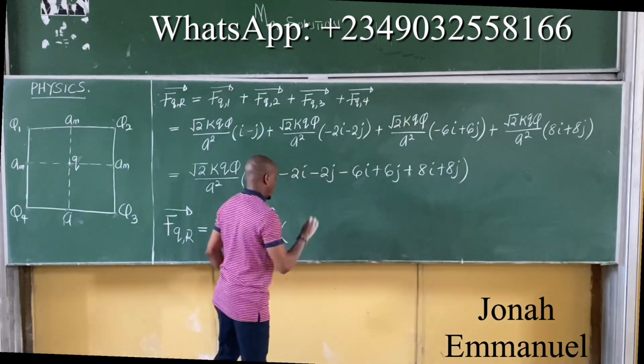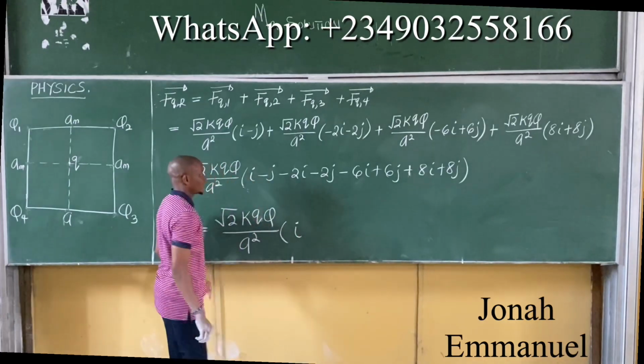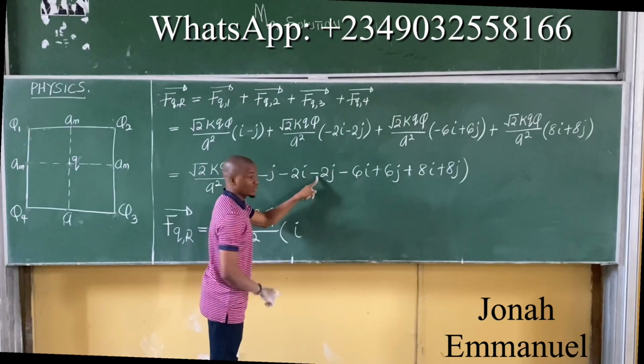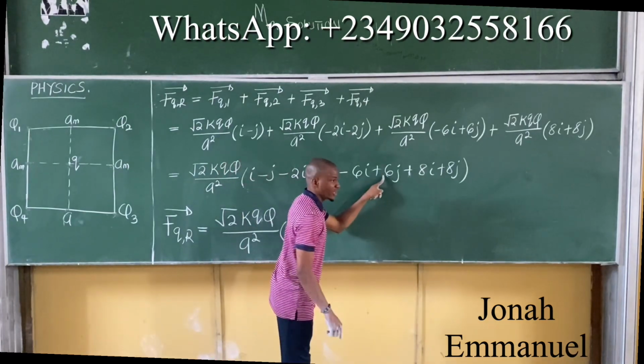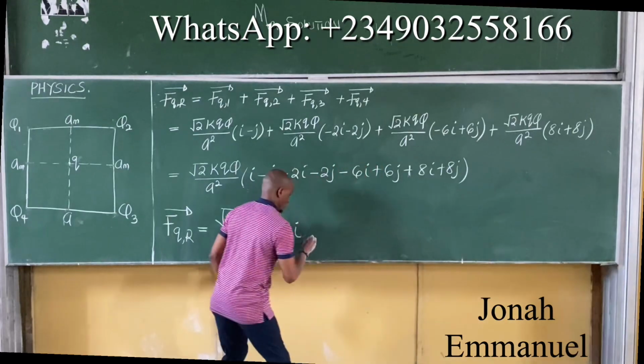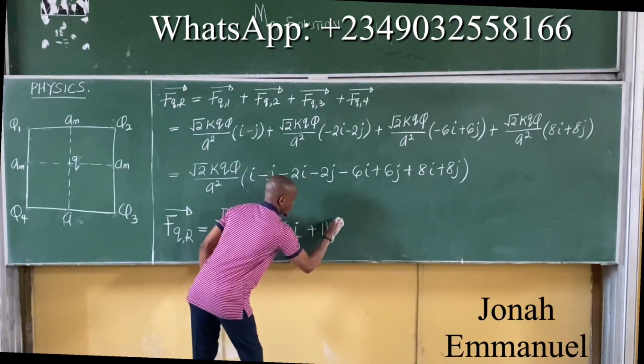That's 1i, which is what? 2i. What with j? Minus j minus 2j plus 6j plus 8j. That's plus 11j. So FQ resultant is root 2 KQQ over A squared into 2i plus 11j.